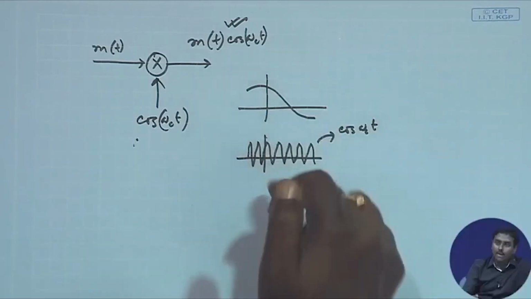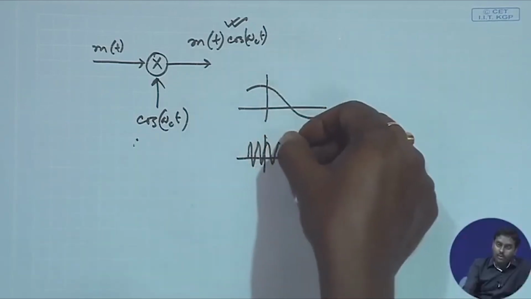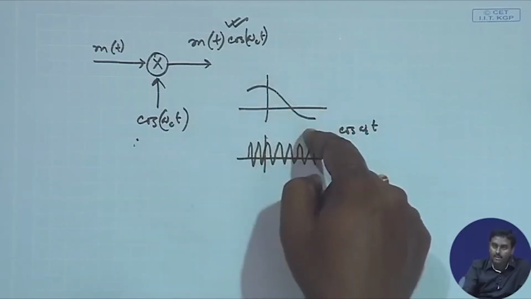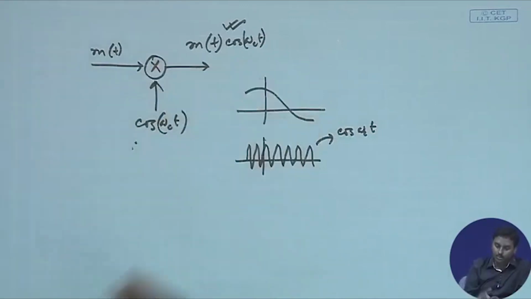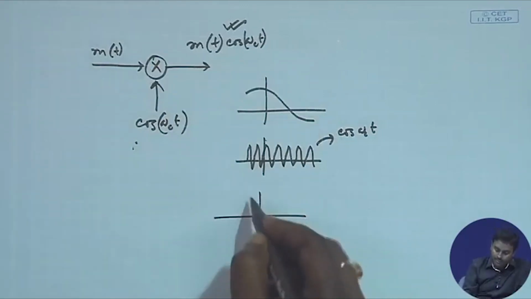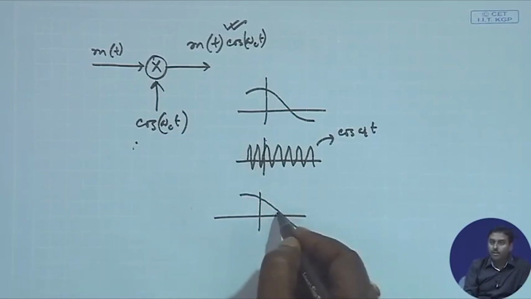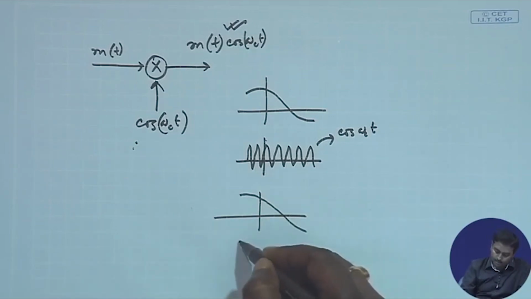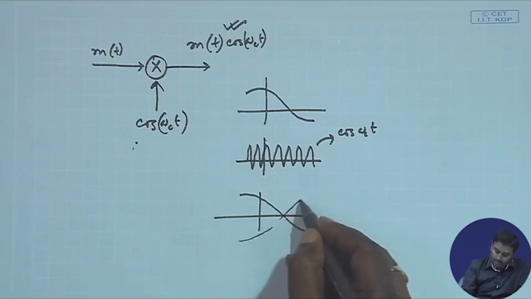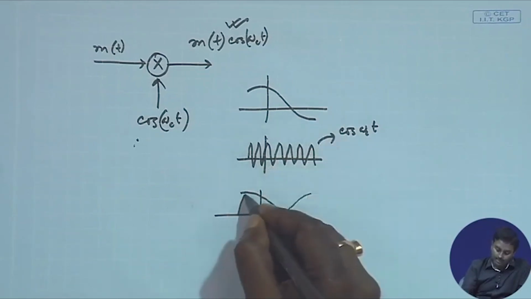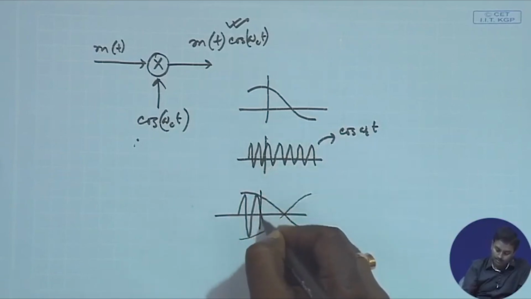Now if I multiply this, the amplitude of this carrier must carry this signal, so this must be reflected in the amplitude. What I will see is something like this. This should make the envelope of the carrier, and an envelope means it should be from both sides. That draws the envelope, and within that the carrier will be oscillating.